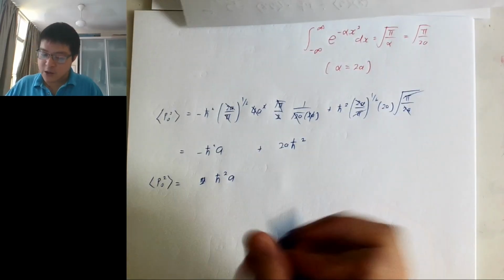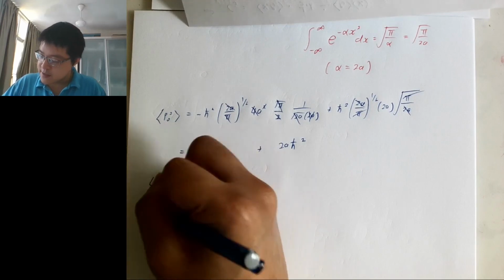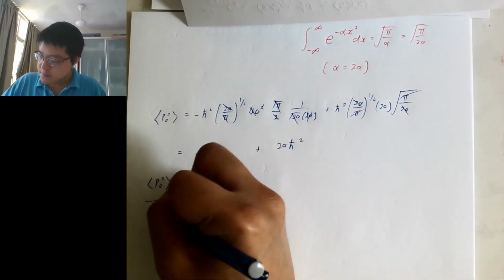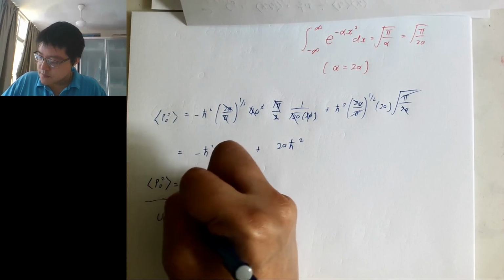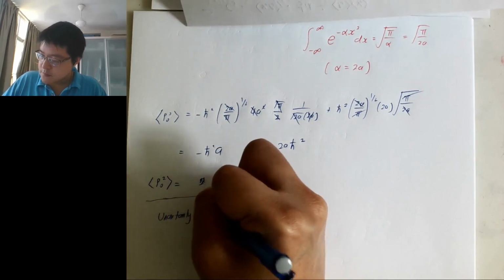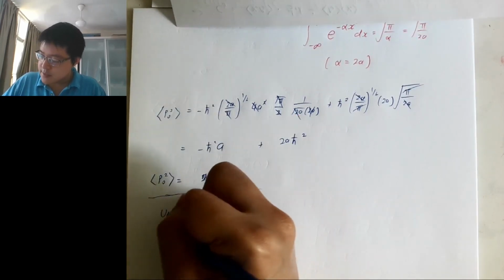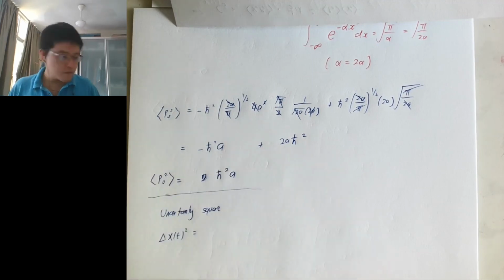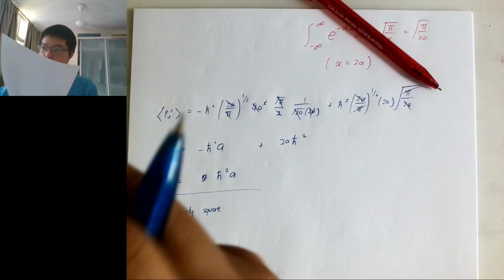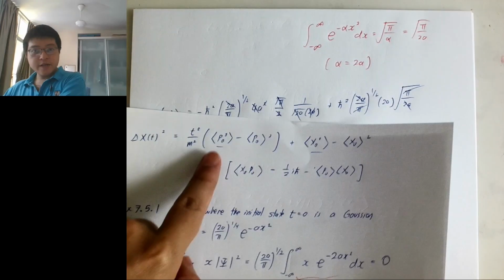So now we can calculate the uncertainty squared. Delta x at t squared is, where was my uncertainty formula? It's over here, right?